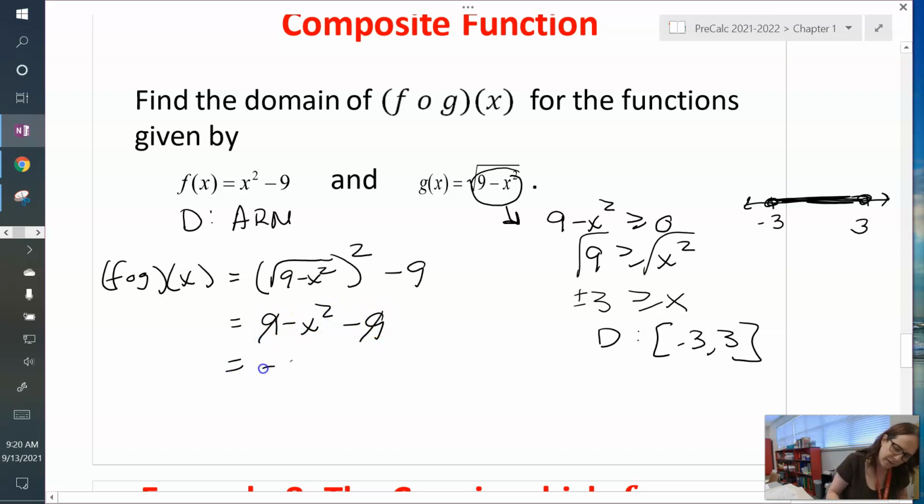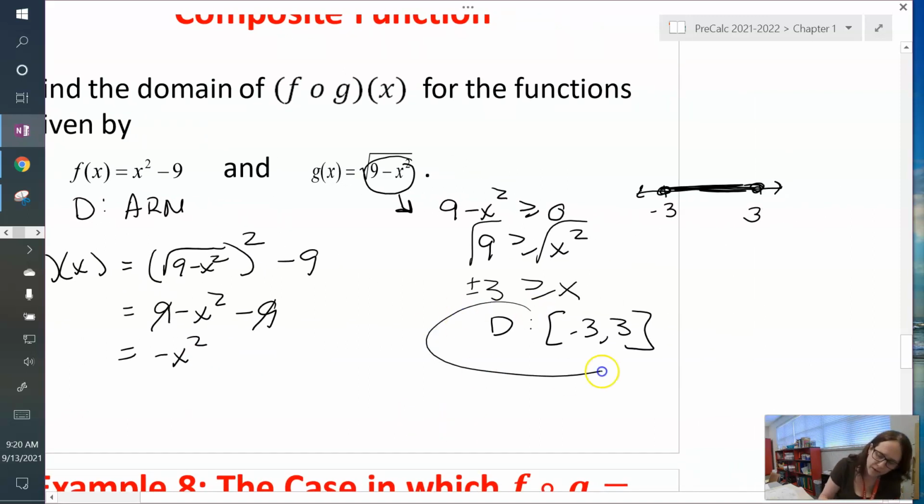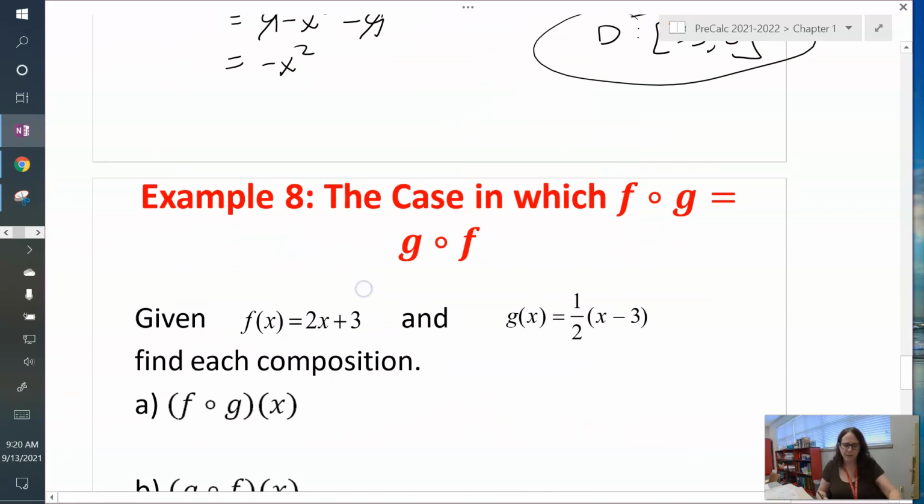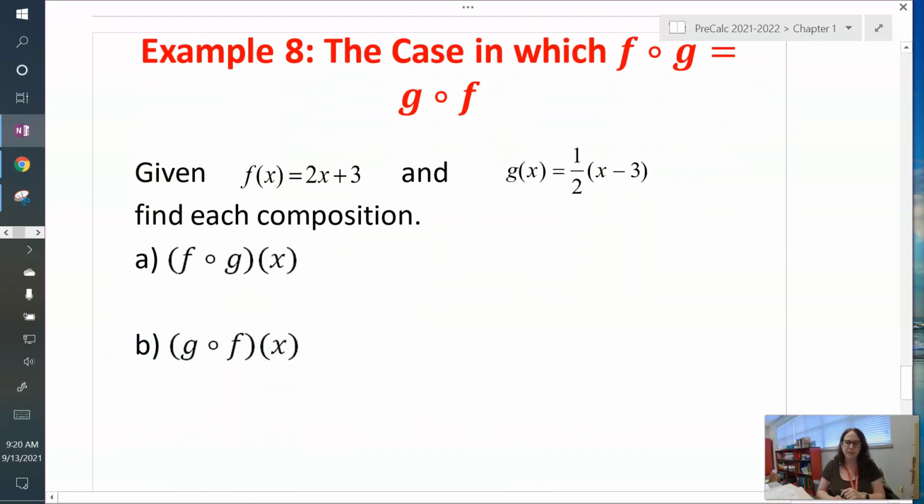My 9's drop out. I have a -x squared. So there's nothing in there that's going to reduce our domain anymore. So here it is, -3 to 3. It is possible for f∘g to equal g∘f, and that's what we have in this case.